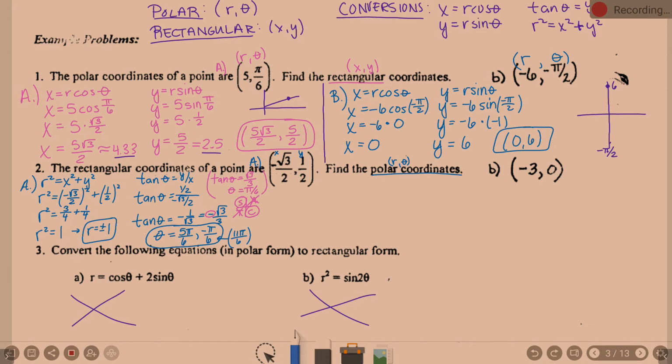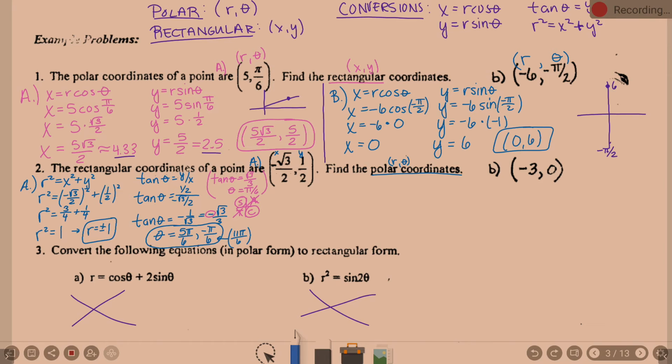In other words, our r value of positive 1 goes either with 5 pi over 6 or negative pi over 6. The r value of negative 1 goes with the other one. There are 2 correct matches that we can use here, and we have to get them to pair up correctly.